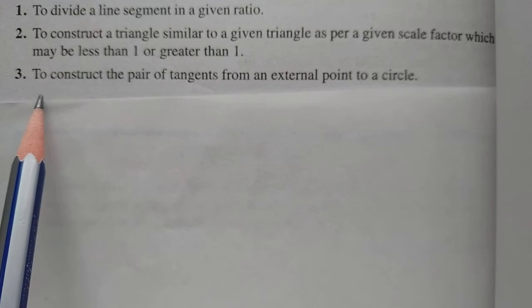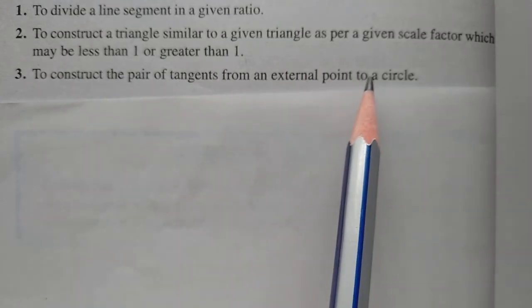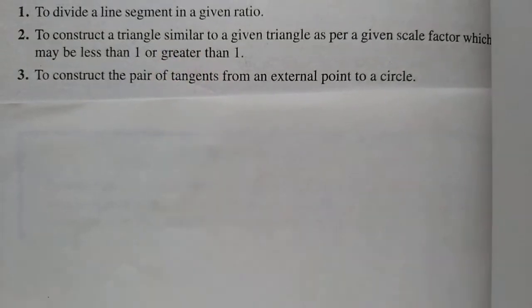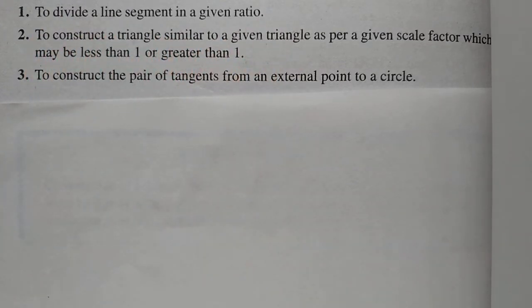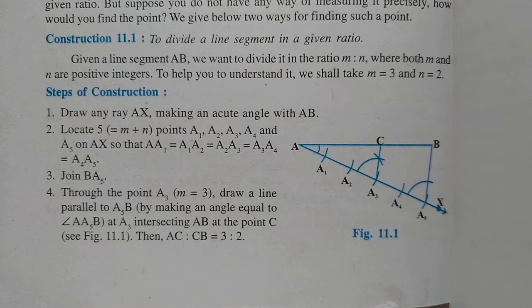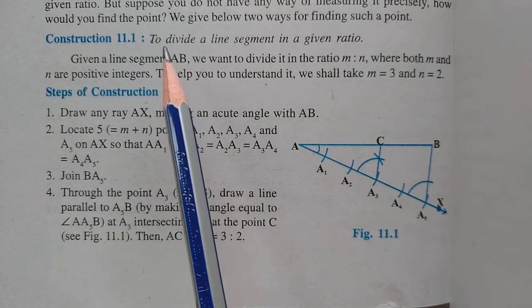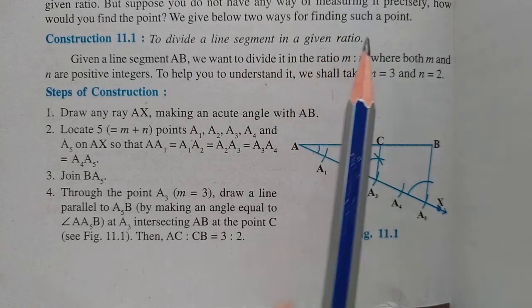And the third one is to construct the pair of tangents from an external point to a circle. We will learn these three types of construction. Let us study how to divide a line segment in a given ratio.